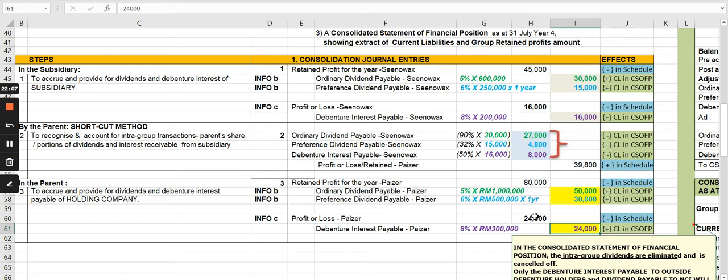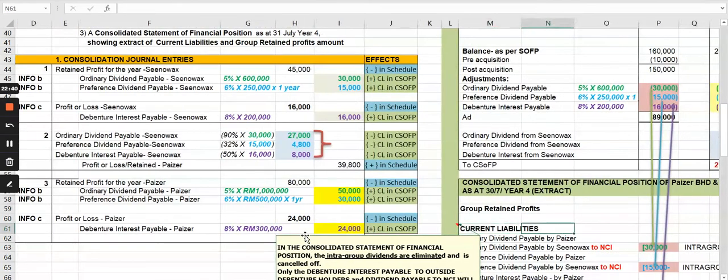So this 24,000 will appear in the schedule, but the debenture interest payable will appear in the current liability section of the parent company, and as a whole that will appear in the consolidated statement of financial position. So you need to go and accrue and provide for the dividends. However, since the parent is not being acquired by any other parent, there is no issue of having someone else to share the dividends or interest.